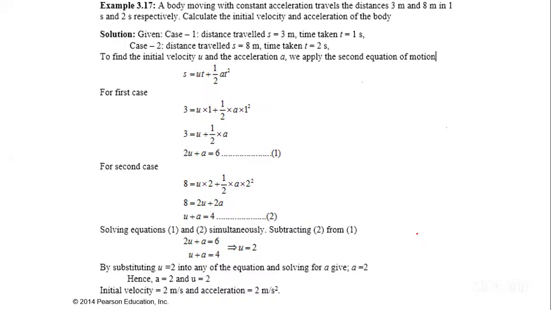Okay, so here we have a body moving with constant acceleration that travels distances of 3 meters and 8 meters in 1 second and 2 seconds respectively.